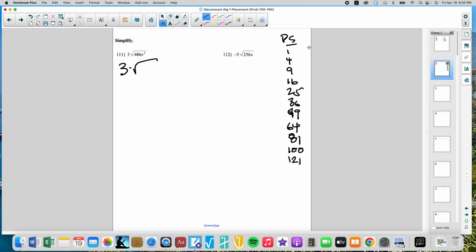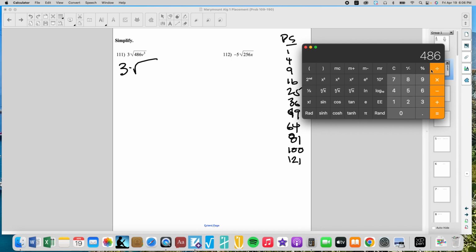So we've got to find a factor. What goes into 486? Well, 4 goes into it, right? Oh, I don't want that. Well, maybe because I keep touching. There we go. So we know that we can break it into 4. No, 4 doesn't go into 486. 486 divided by 4 doesn't go in, so 4 is not the factor.